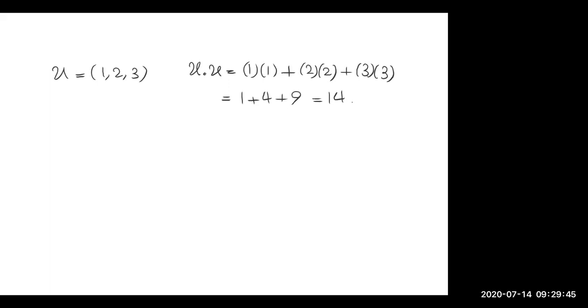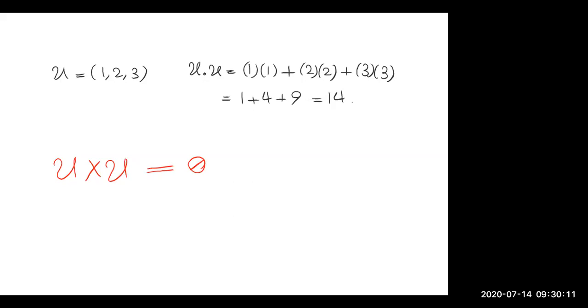But about cross product, something strange will happen. Actually, cross product of any vector with itself is 0. And what do I mean by 0? We should be careful. Remember, the result of the cross product of any two vectors is again another vector.